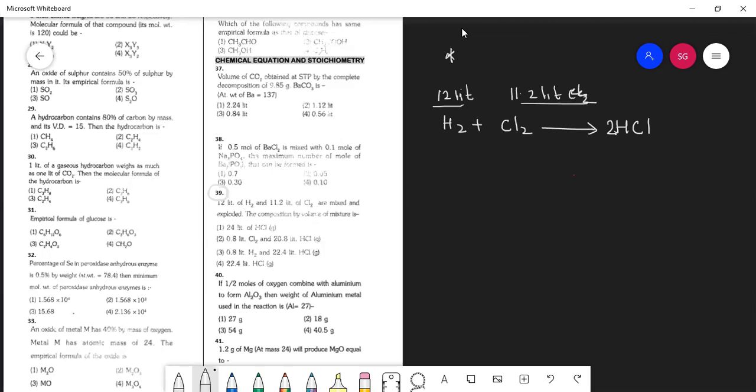If one value is given, students, we can easily solve. If two values are given, then take the smaller value. Pranjal, even the same doubt you had in the previous question. I told you, if more than one value is given, then yes.